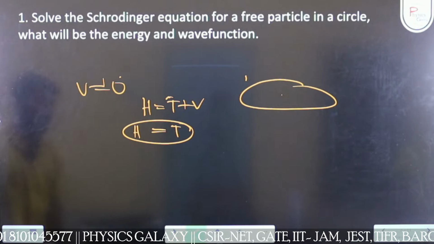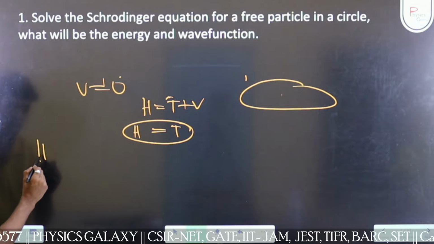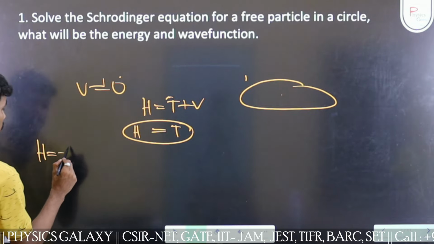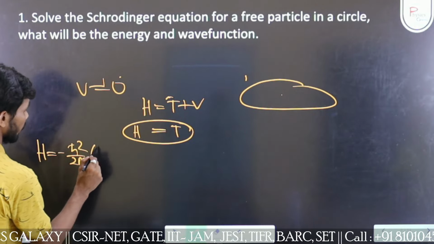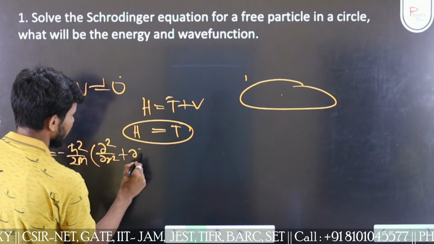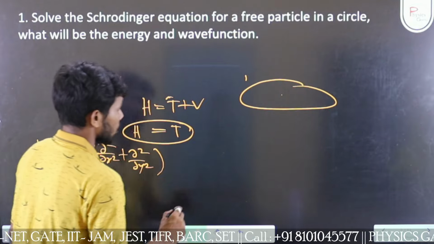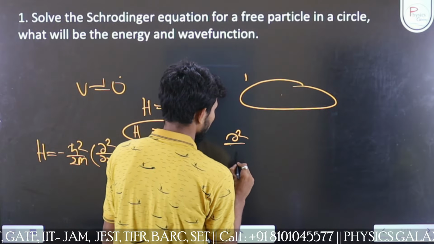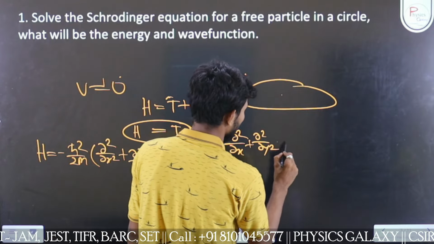Now for the two dimension case, the Hamiltonian can be written as minus ħ squared by 2m, where m is the mass of the particle, times (del 2 del x2 plus del 2 del y2). What is del 2 del x2 plus del 2 del y2 in plane polar coordinates?